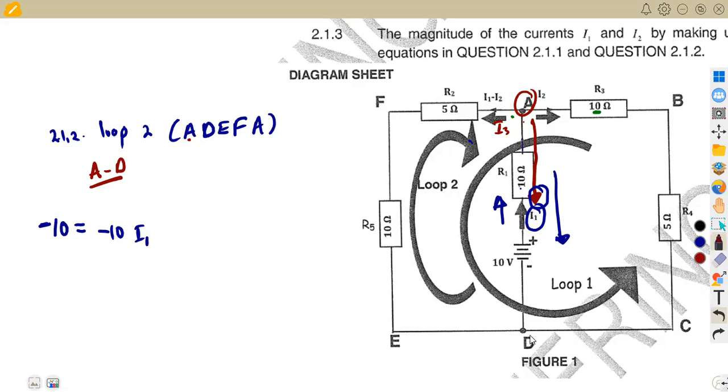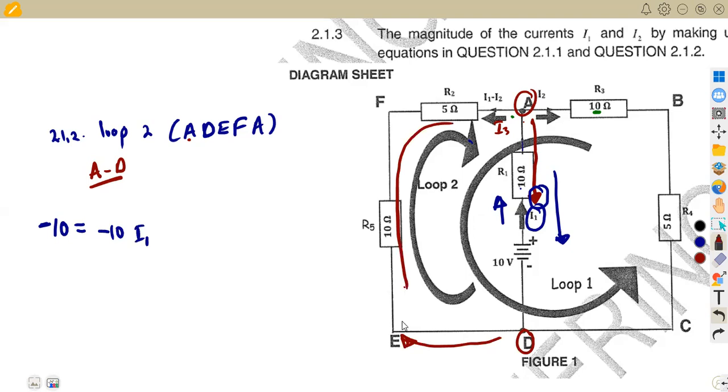Then if we move on from the point D, we are going to have E, F, up to point A. This time, if we check again, this is the direction from D to E and so on. And according to this branch, I3, which represents I1 minus I2, it is flowing in this direction.